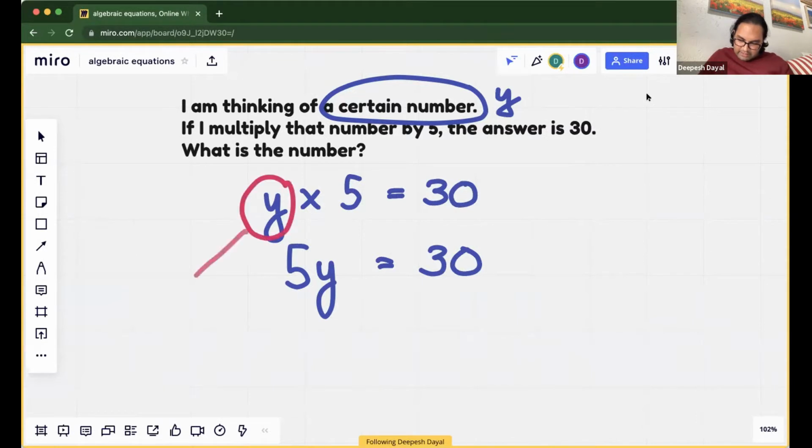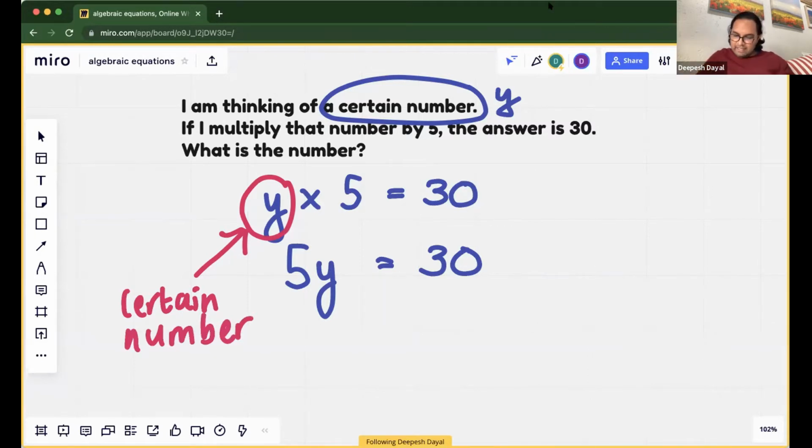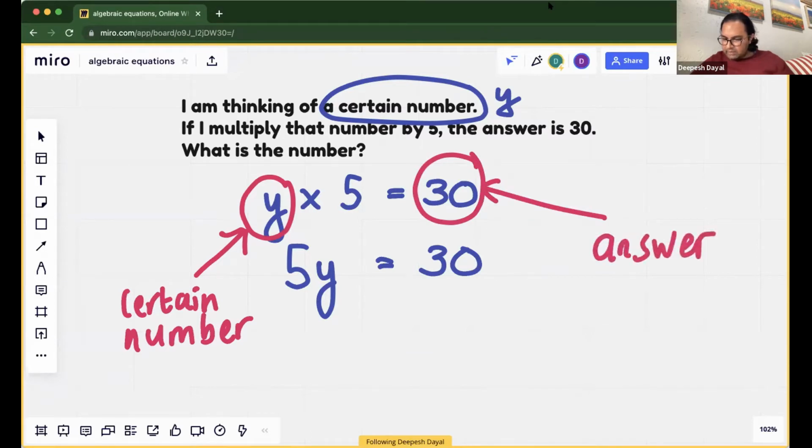And 30 represents the answer. And this is our equation. Okay. Is this okay? It's quite simple, huh? To form the equation using these unknowns, right?